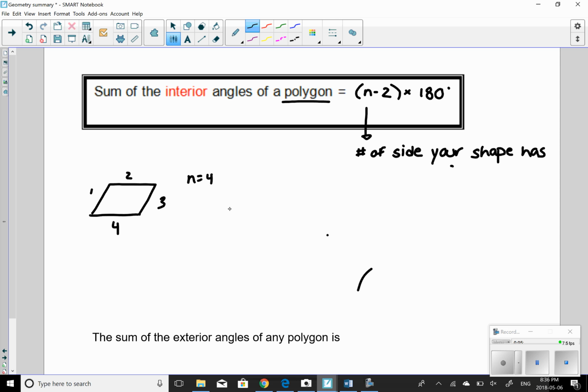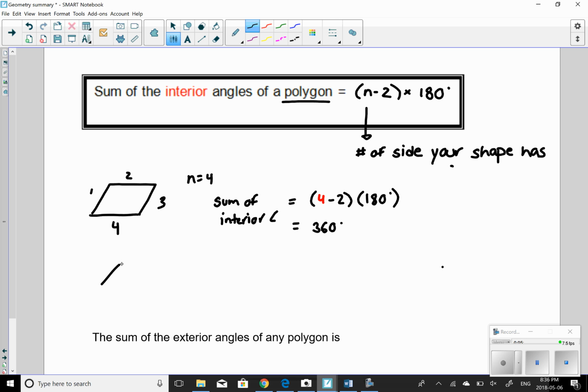To know the sum of the interior angles, it would be 4, that's my n, minus 2, times 180. That's 2 times 180, which is 360. That can work for any shape.